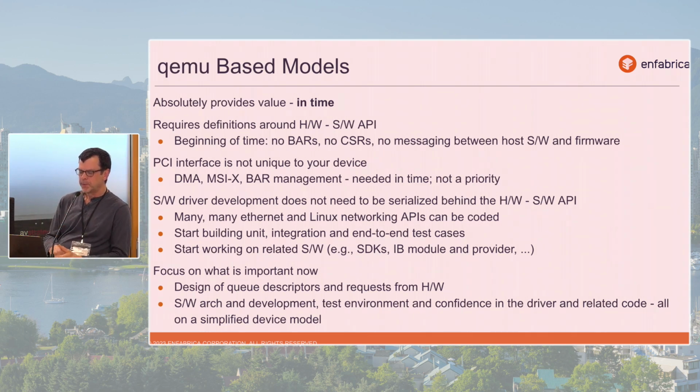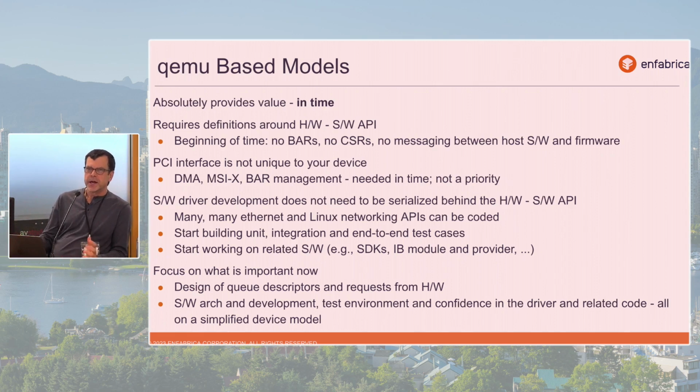And really it gets down to this idea that the PCI interface is not unique to your device. Sure, the CSRs might be, but the DMA operations, the MSI operations, the BAR management, all that kind of stuff is needed in time, but it doesn't stop you from getting moving with your data path and your descriptors and some of the basic infrastructure that goes into what it means to be an Ethernet NIC driver, right?